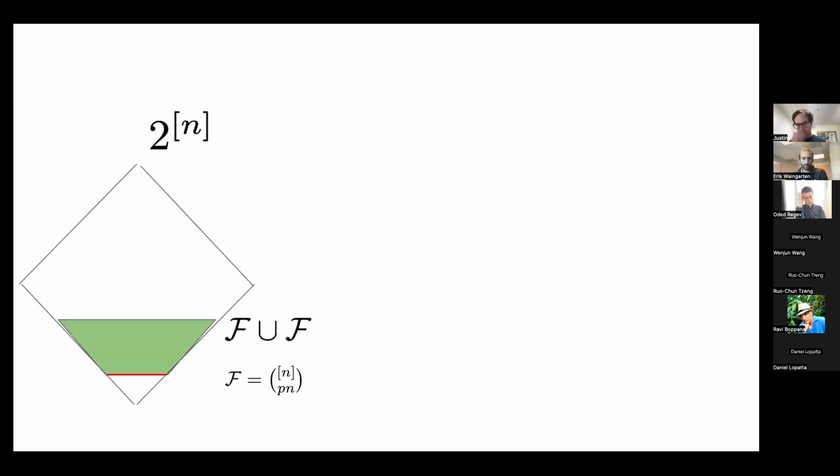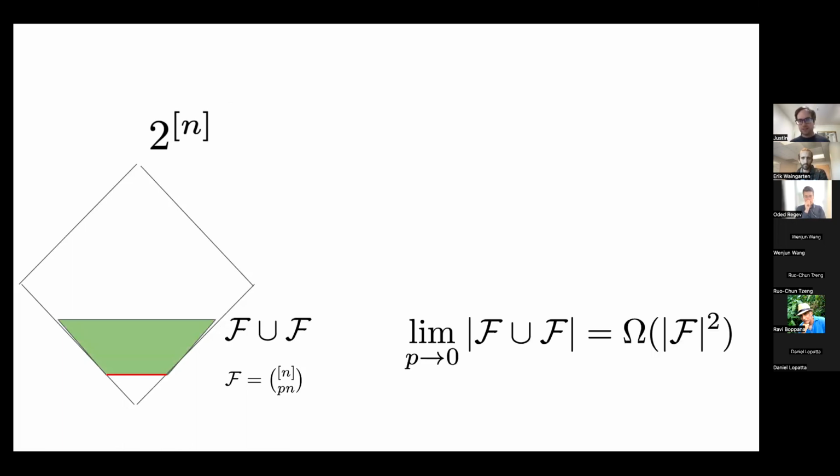And when we consider F union F, we basically get all sets of size between p times n and 2 times p times n. And again, when p is small, the number of unions you get is much bigger than the family you started with. In fact, as p tends to 0, the number of unions you get will grow quadratically again, relative to the size of F.